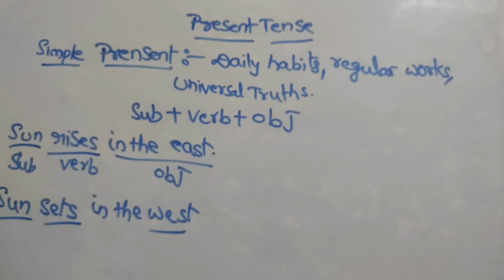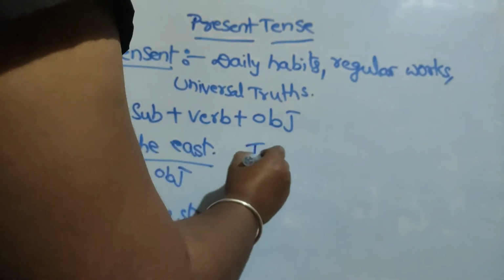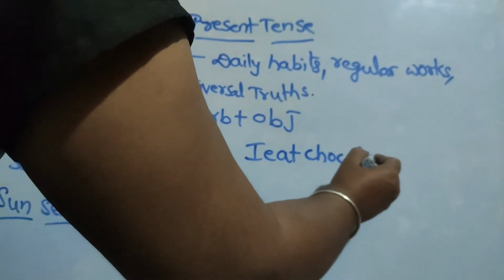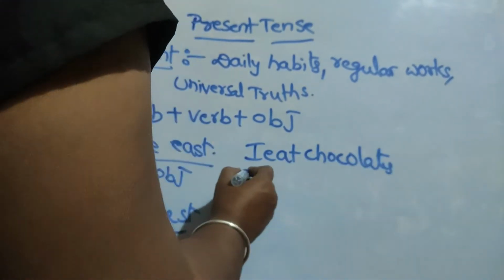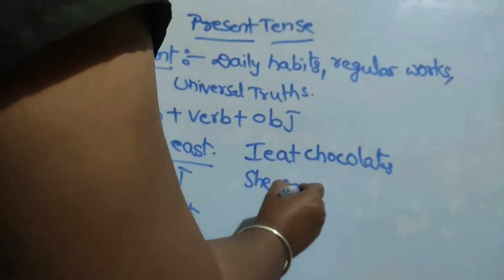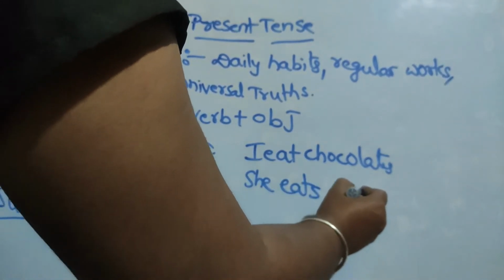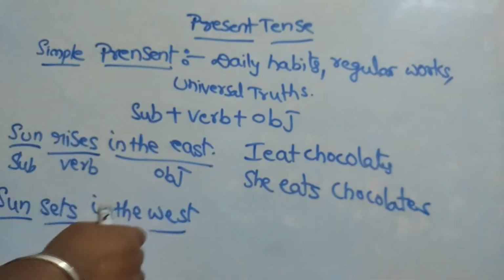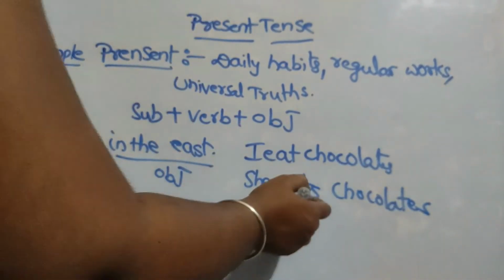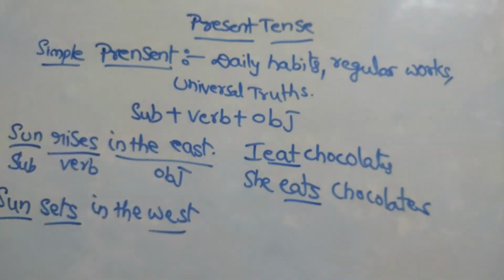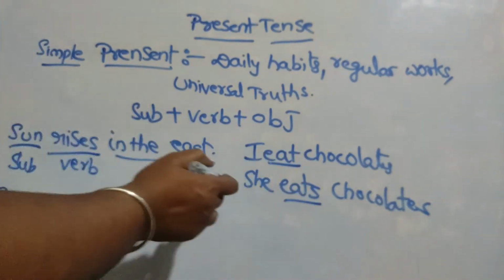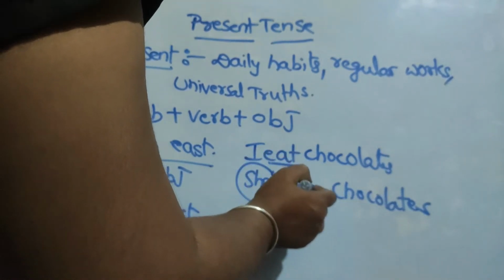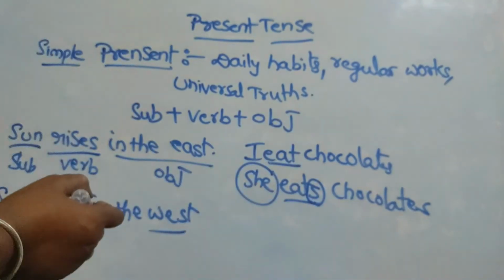Now, regular habits. I eat chocolates. She eats chocolates. I am singular, she is also singular, but why does one verb have s and the other not? I already told you: third person singular will have the s at the end of the verb.